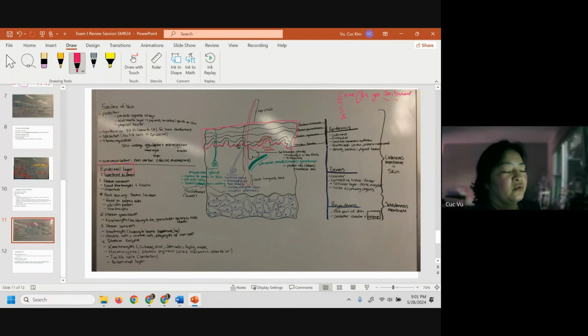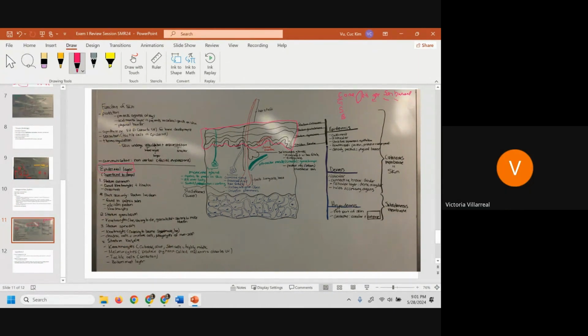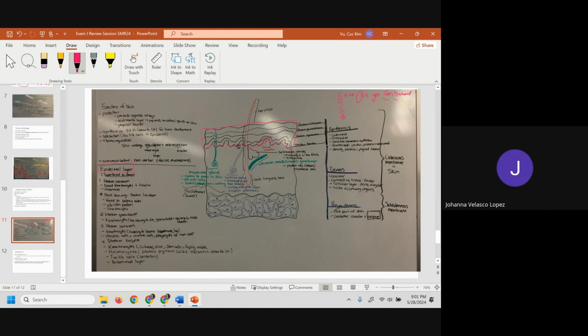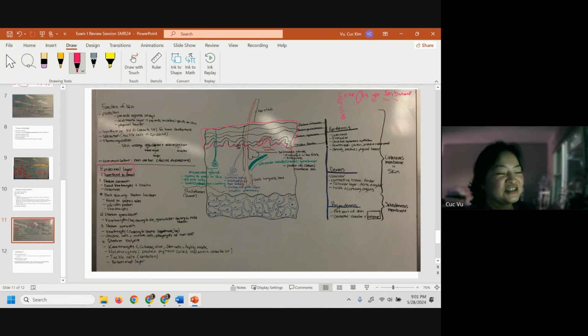Where would you find keratinocytes? They're in all layers. Exactly. Keratinocytes are found in every single layer. Very good.